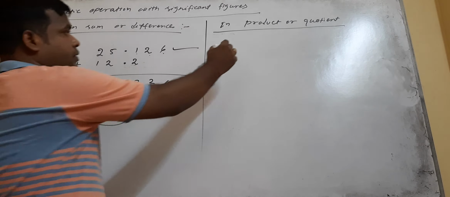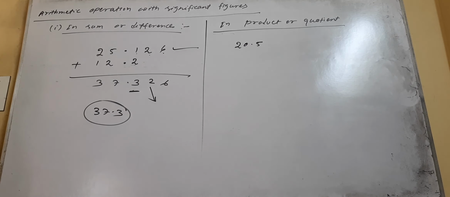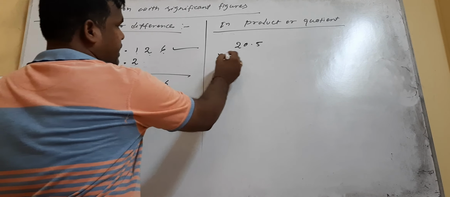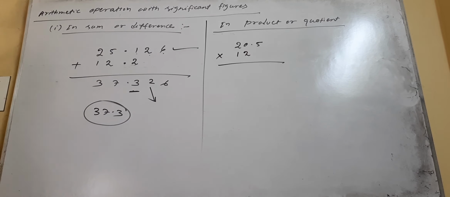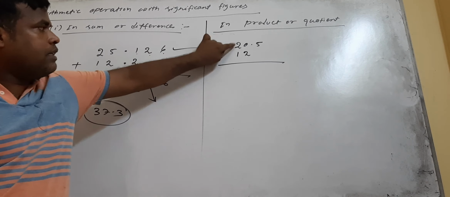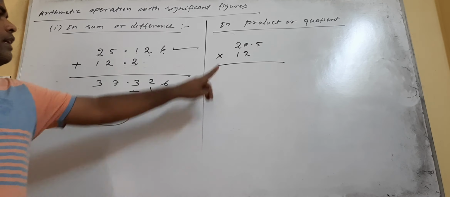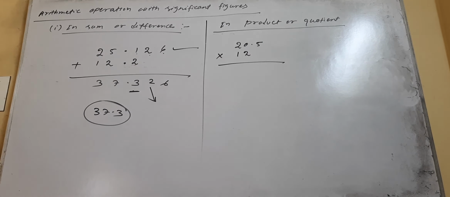For example, 20.5. If you multiply it by 12, here you see how many significant figures? 1, 2, 3. Here how many significant figures? 2. So the result should have 2 significant figures.